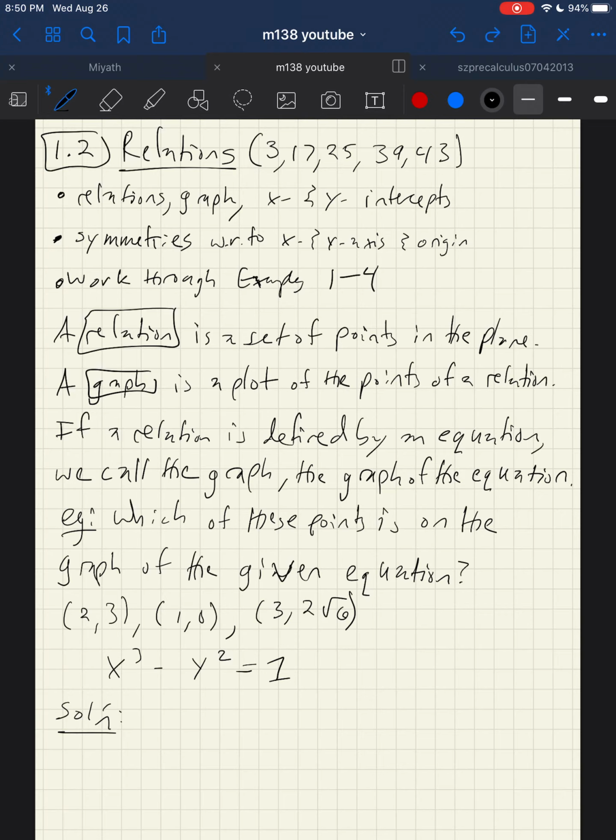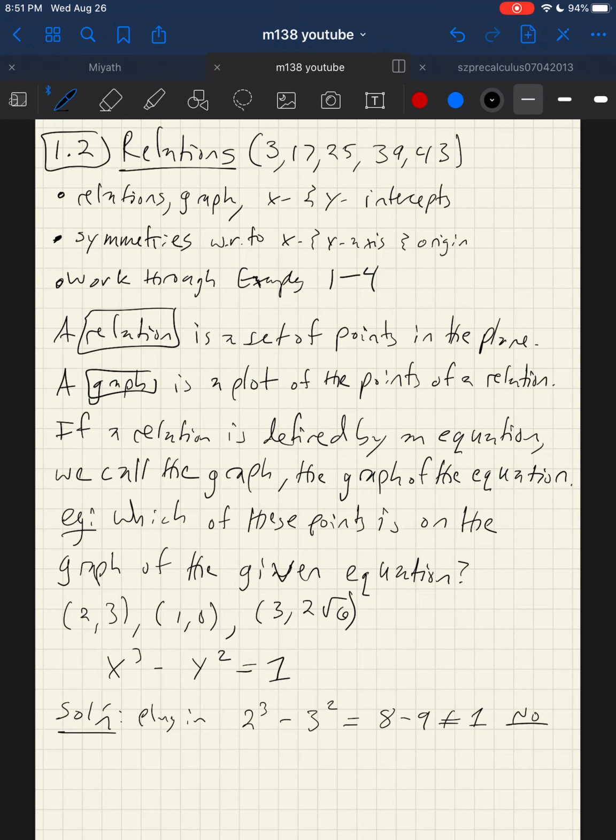But since the points are determined by the equation, we can just plug them in and see if they make the equation true. So we just plug in 2 cubed minus 3 squared. What is that? That's 8 minus 9, and that is not equal to 1. So the first point is not on the graph.